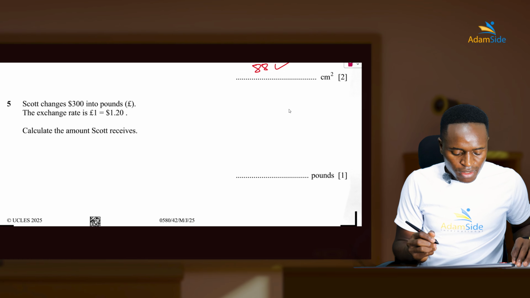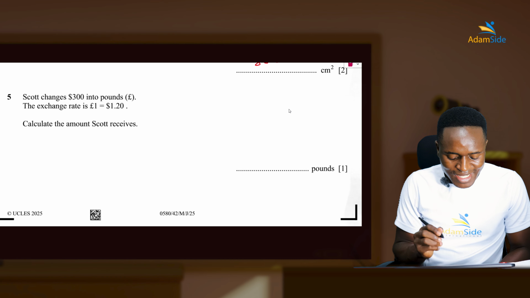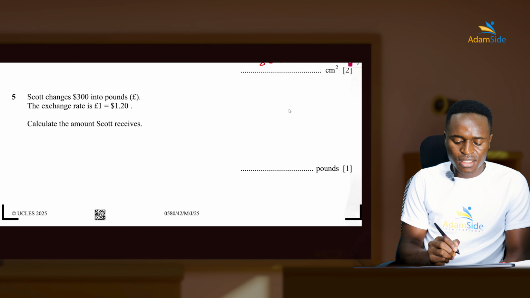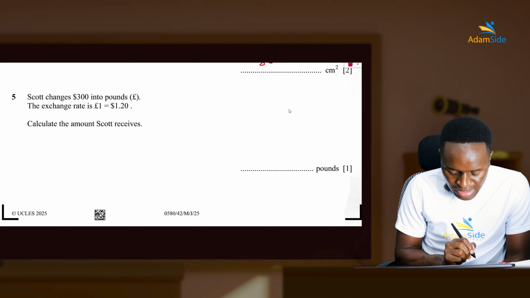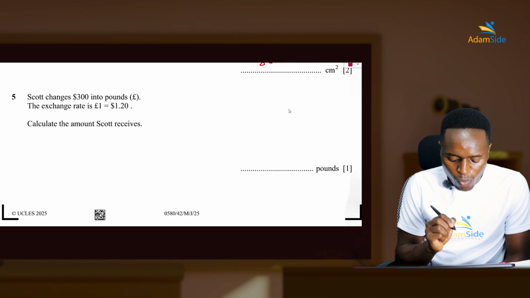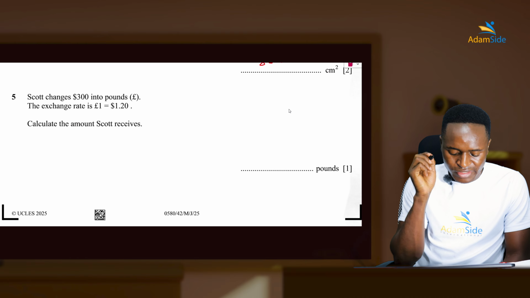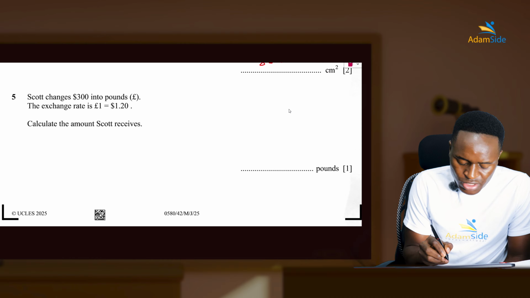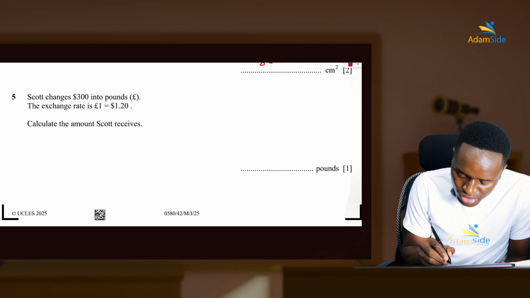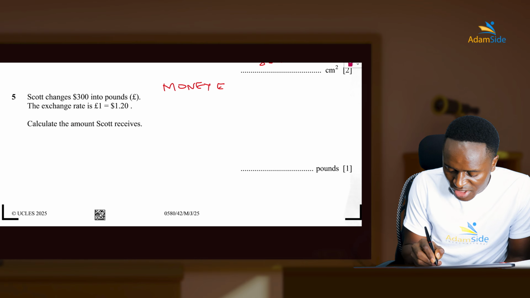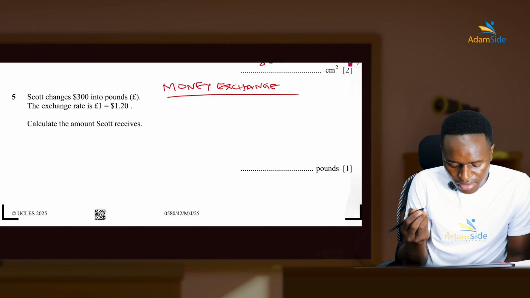Question number 5. Scott changes $300 into pounds. The exchange rate is 1 pound is equivalent to $1.20. Calculate the amount Scott receives. Wow, that's easy. This is called money exchange. Money and investment. Exchange of currency.